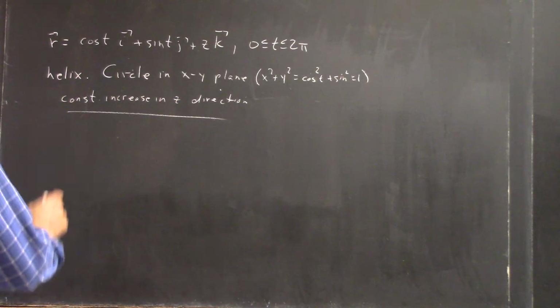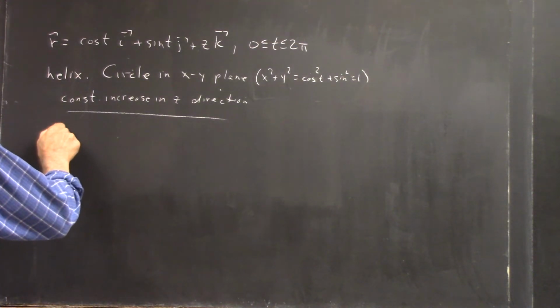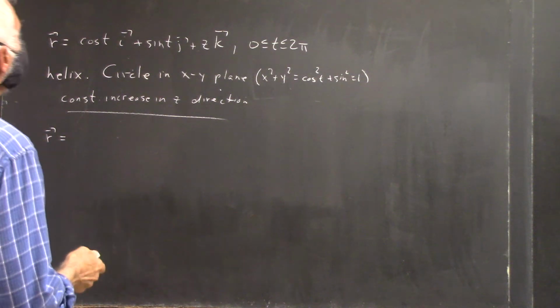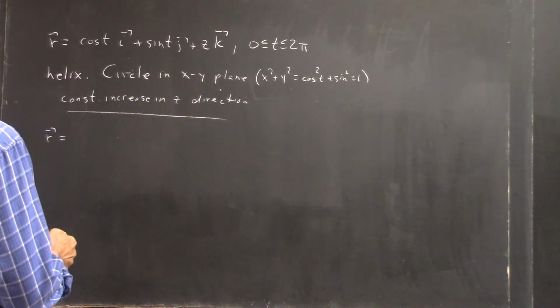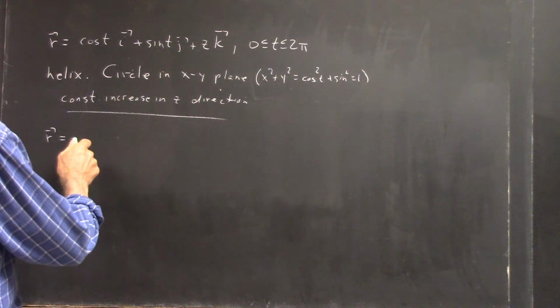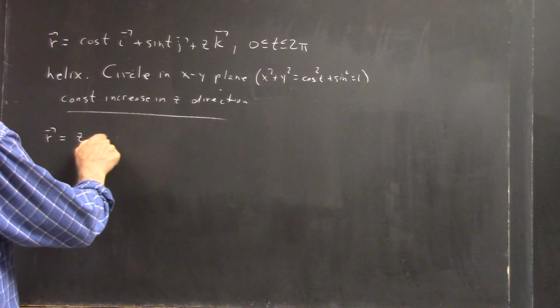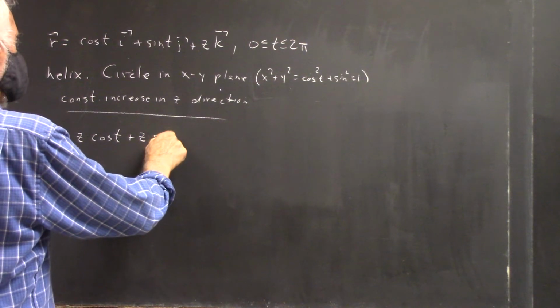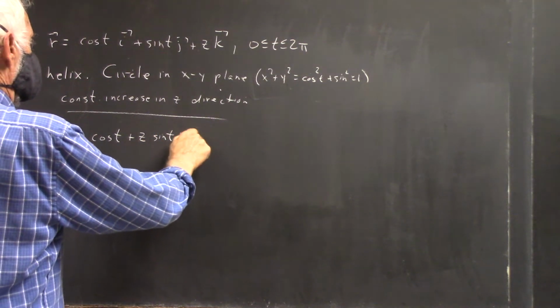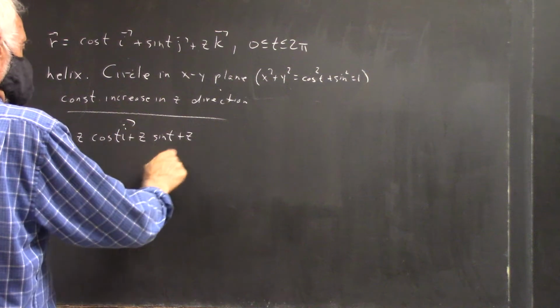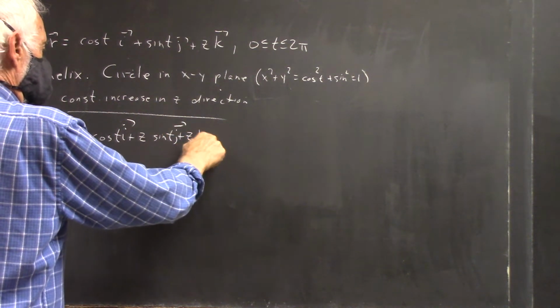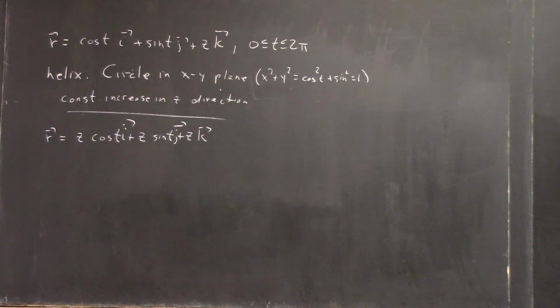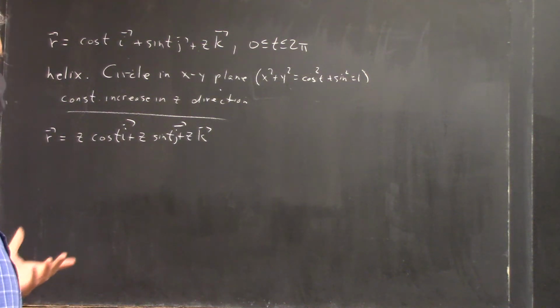Okay. Now if we modify it, where r equals, let's say, t cosine t i, t sine t j, and z k, how's that going to differ?